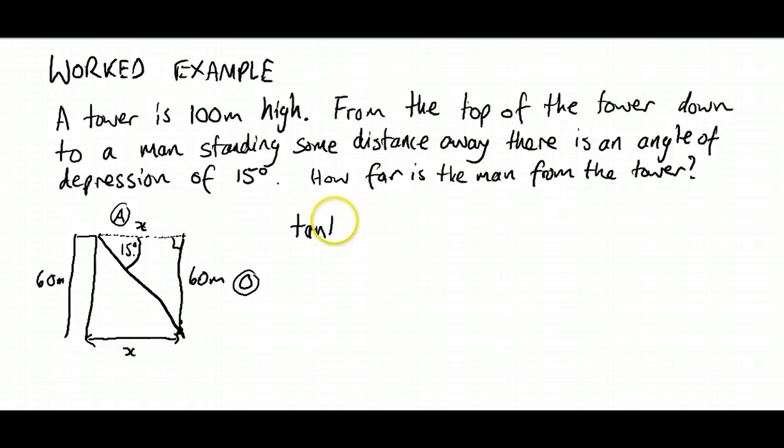Okay, so we're going to write out the equation. Tan theta equals opposite over adjacent. That's a very ugly looking theta, but it's a theta nonetheless. And theta is 15 degrees, that's the angle we've got in here. So tan 15 degrees equals opposite, which is 60 meters, divided by adjacent, which is x, the thing we're trying to find.